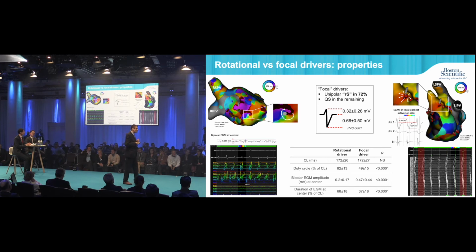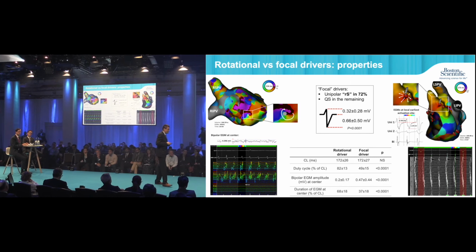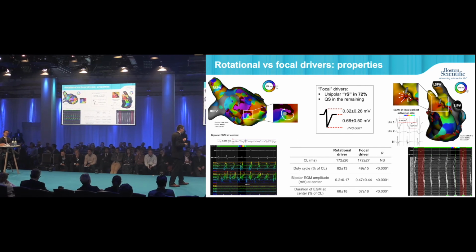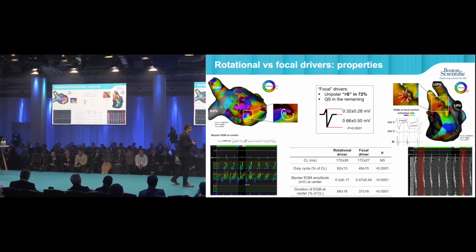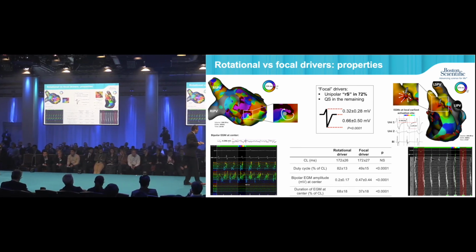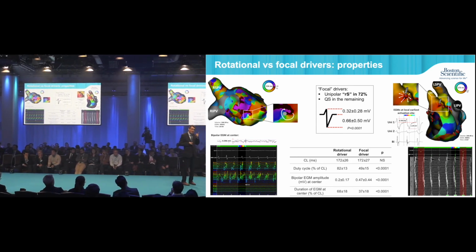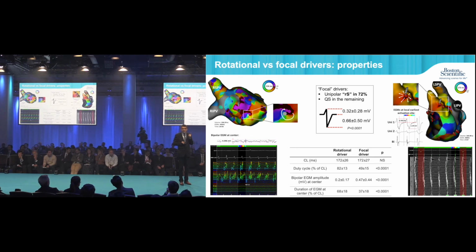When we look closely at the focal drivers, we actually realize that in a majority of them, the earliest activation site has an RS pattern, and not a QS pattern. And that R wave has a significant amplitude, which most probably translates some other type of activation happening elsewhere, like in the epicardium.